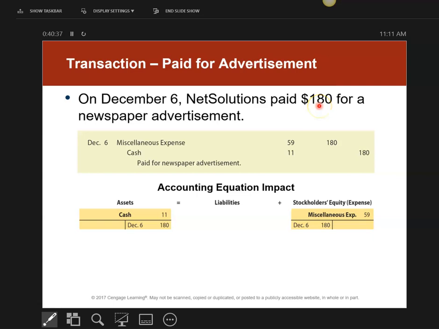I paid $180 cash for a newspaper advertisement. Because I spent money, I credit my cash, and since I don't have an expense account called newspaper, it goes under miscellaneous. So here's my transaction. This is my journal entry. I will show you the posting at the end of the slides.